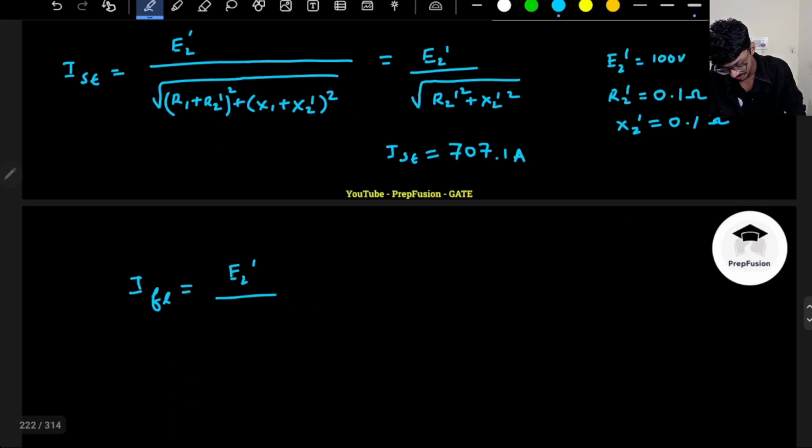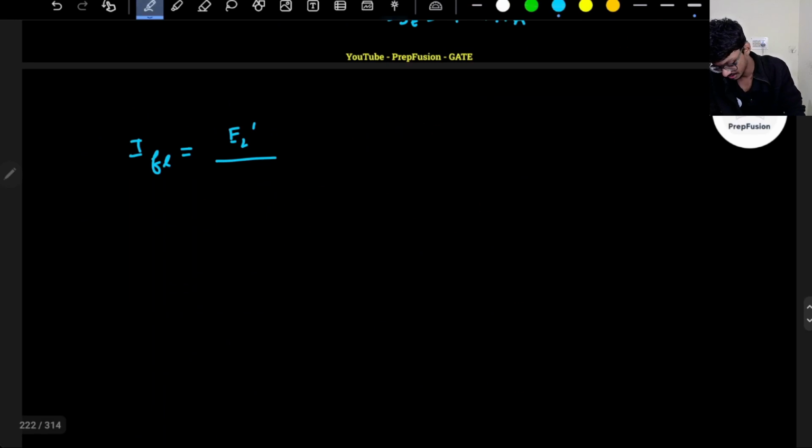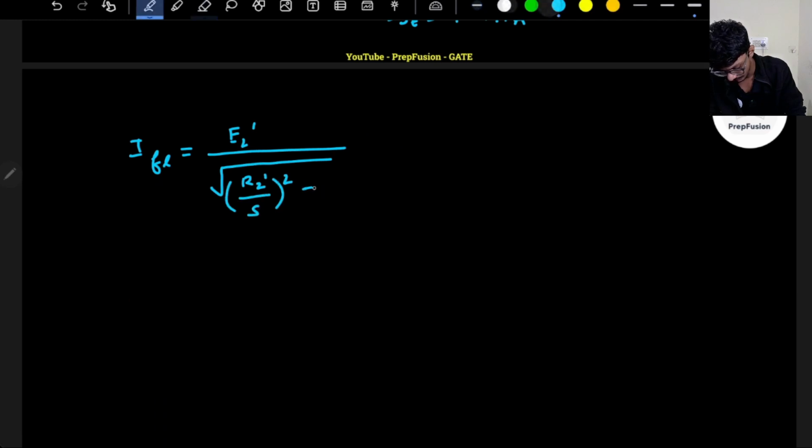Now this time slip is there, so I cannot simply neglect this resistance. What will be the overall resistance? R2 dash plus R2 dash into 1 by S minus R2 dash. So R2 dash will be cancelled, leaving R2 dash divided by S. So basically this will be under root R2 dash divided by S whole square plus X2 dash.